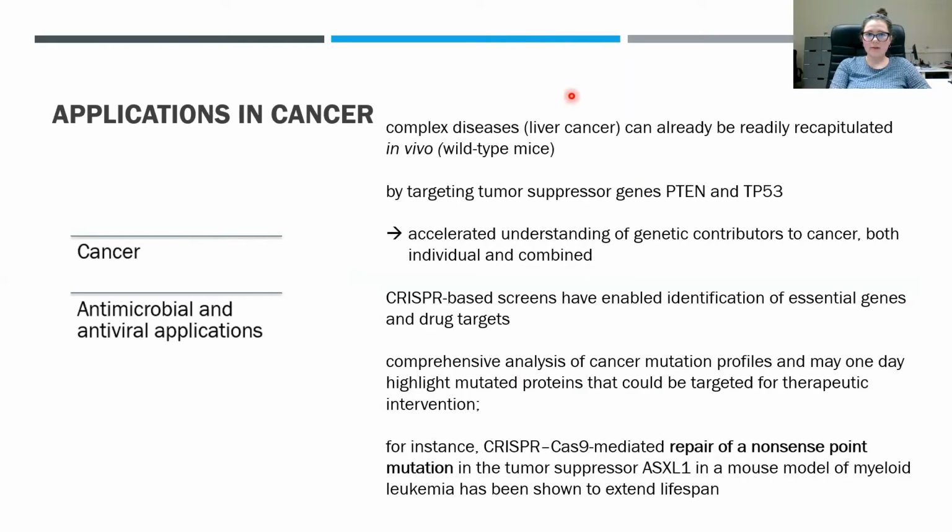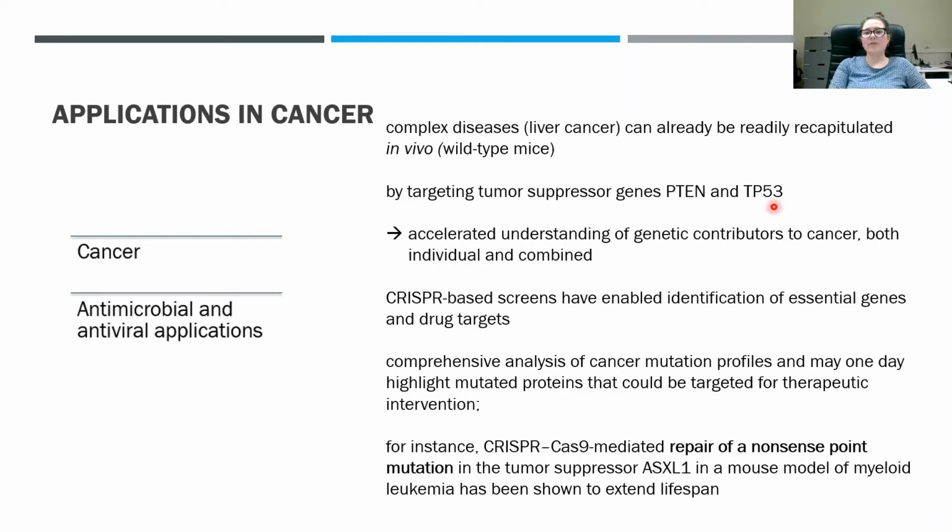Now a bit about cancer. Now let us pass on to cancer and how CRISPR can be employed better. So we can target with CRISPR tumor suppressor genes such as PTEN and TP53.